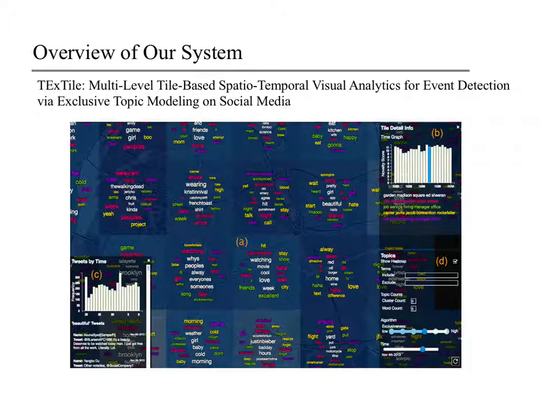And if you click the tile, the novelty scores over time will be shown. The novelty score represents how different this tile is when compared to neighboring tiles. Users can also change parameters such as exclusiveness, time, word count, or cluster count.